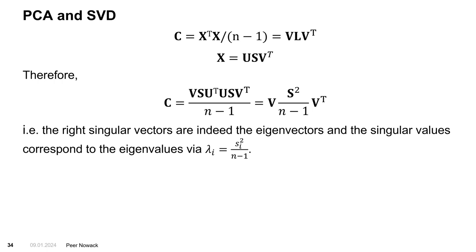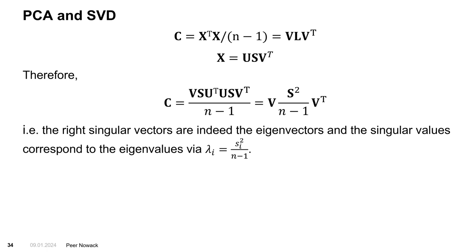So what is the exact connection here? We have the covariance matrix being decomposed into VLV^T, and we have the original data matrix, sample matrix, decomposed into USV^T, so USV transposed. If you write C in terms of X, you can reformulate this quite neatly and see immediately that the matrix V represents the eigenvectors as they are defined, and that L is equal to S squared over n minus 1.